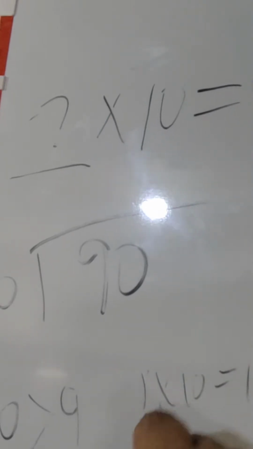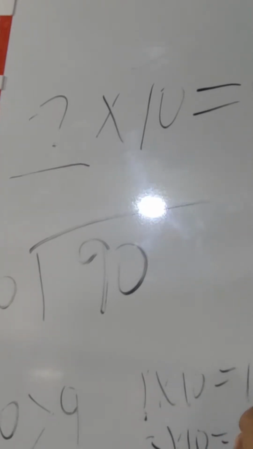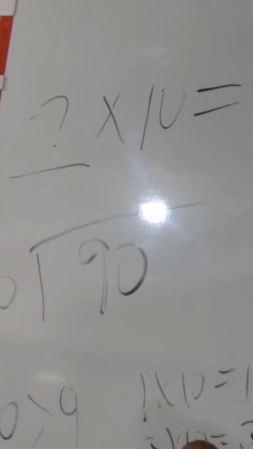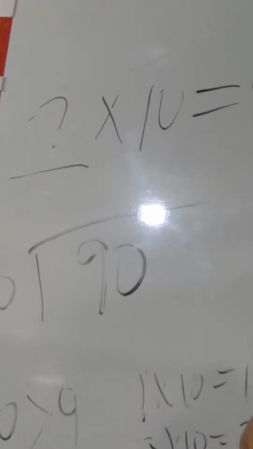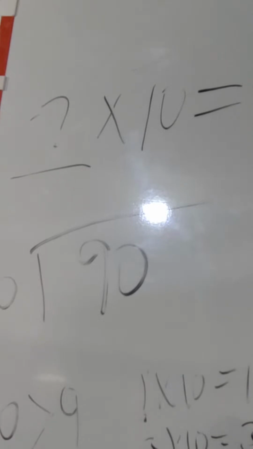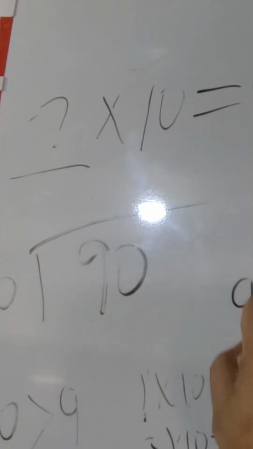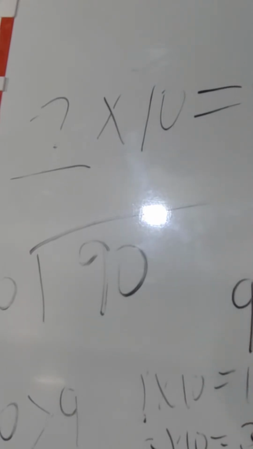Let's see, 3 times 10 equals 30, correct. 10, 20, 30. So 8 times 10 equals 80, which is what you were telling me earlier. Now, 9 times 10 equals 90. 90. There you go.